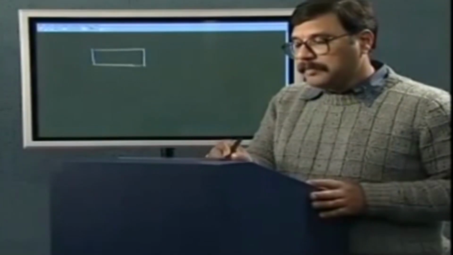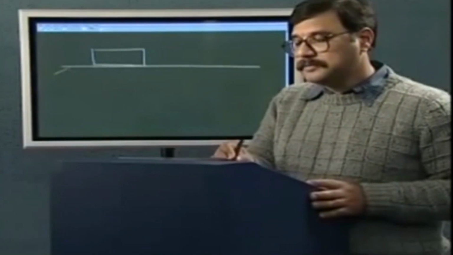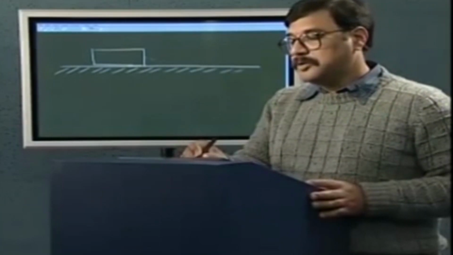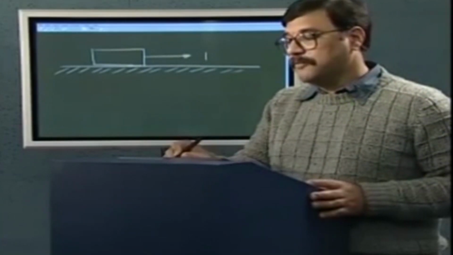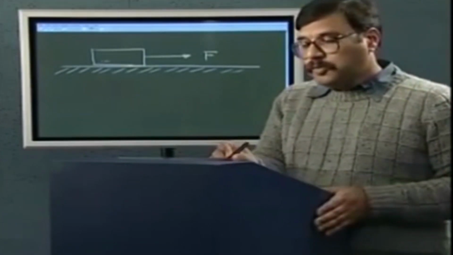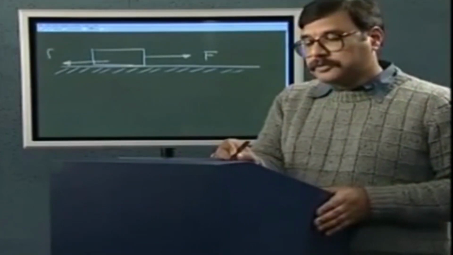So, for example, if I take a mass sitting on a surface and I try to pull it by a force F, its tendency to move would be opposed by this frictional force.